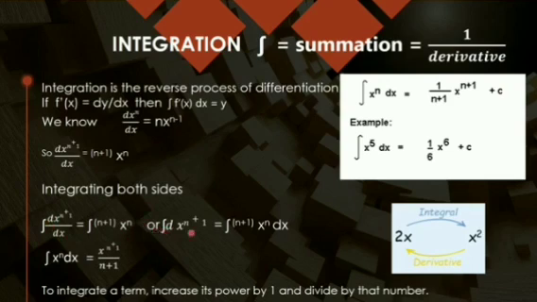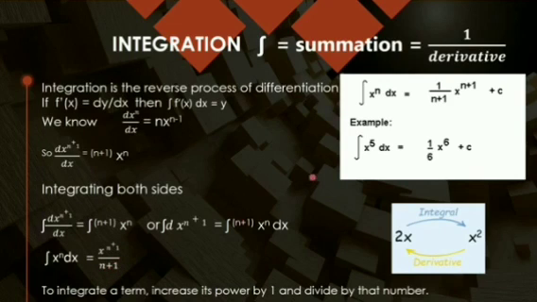So I can write it like this, that integral and d will go with each other, x power n plus 1 is equal to integral of n plus 1 x power n dx. Or here I can say integral or summation of x power n dx is equal to x power n plus 1 divided by n plus 1.